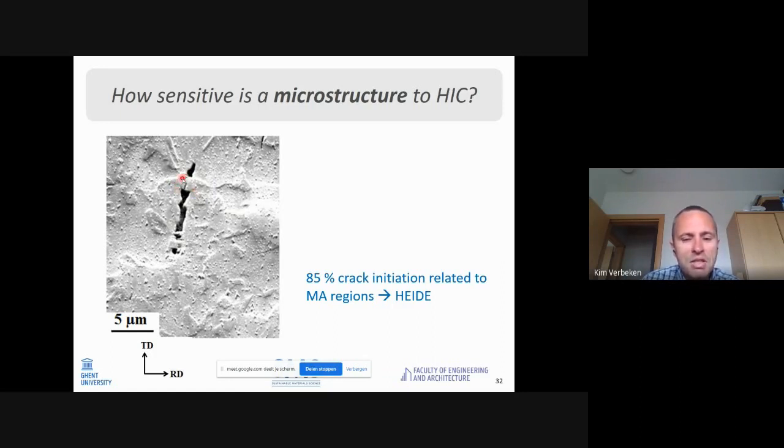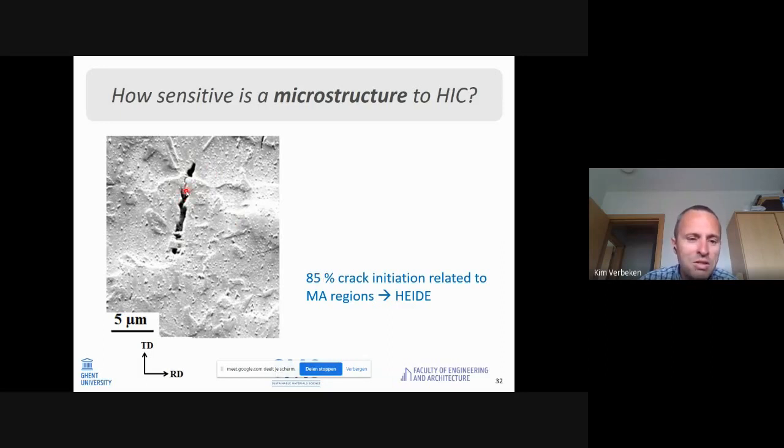And actually this is a mechanism based on the HEDI mechanism. In one of the previous talks, it was mentioned that you have different mechanisms like hydrogen-enhanced decohesion and hydrogen-enhanced localized plasticity. But actually you see here two mechanisms, both of them active on a distance of a few micrometers.